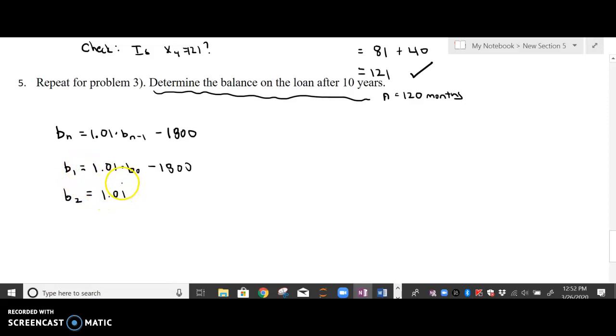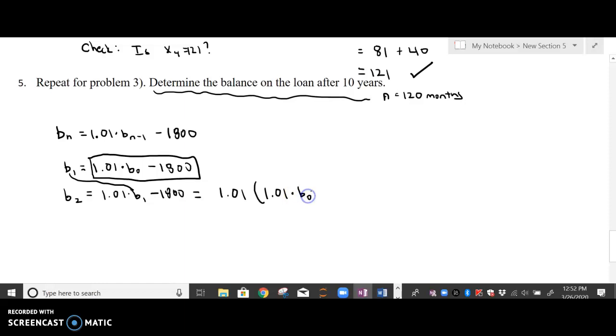So I see that b sub 1 can be replaced with something in terms of b naught, right? This is equal to b1 right here, so I'm going to make that substitution down in the next line. So this is 1.01, replace b1 with what it is equal to, which is 1.01 b naught minus 1,800. And then all of that minus 1,800.